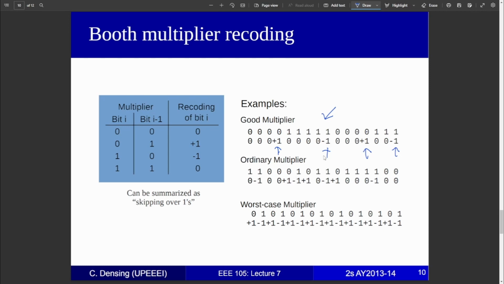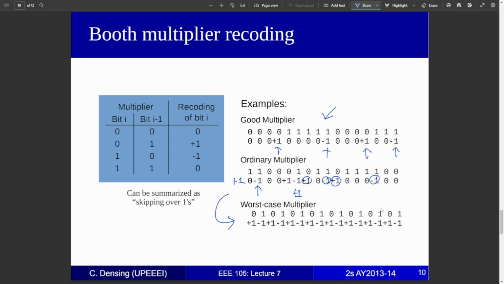For typical numbers, you have here the start of a string of 1s, so this becomes plus 1 and negative 1. This is the start of another string of 1s, so that's plus 1, and this is negative 1. This is a start of a string of 1s, but it's just a single 1, so you have a 1 here and a negative 1 here. Or alternatively, you can just keep the 1. Then you have the start of another string of 1s and the end of another string of 1s.